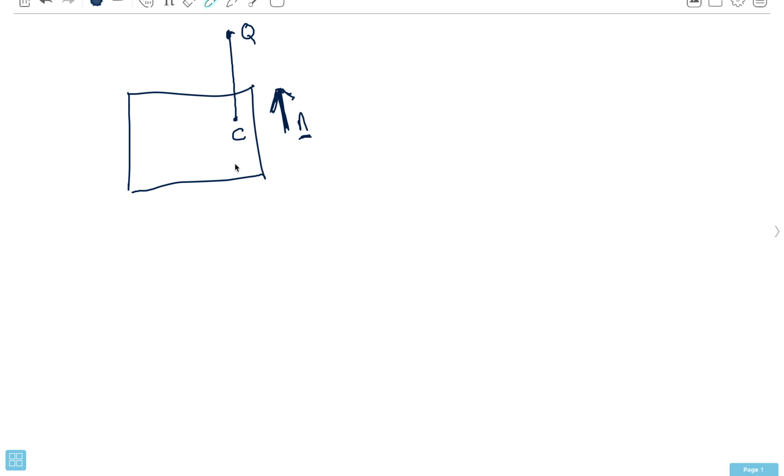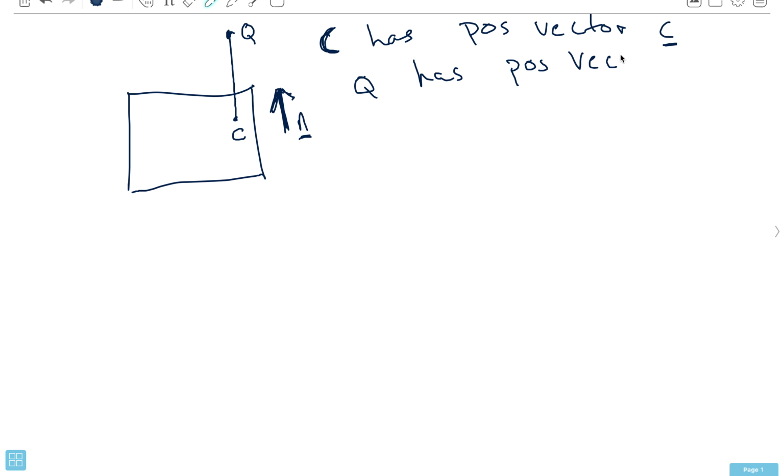So if I say that the point C has position vector c, and Q has position vector q, then I can either use q minus c or c minus q.